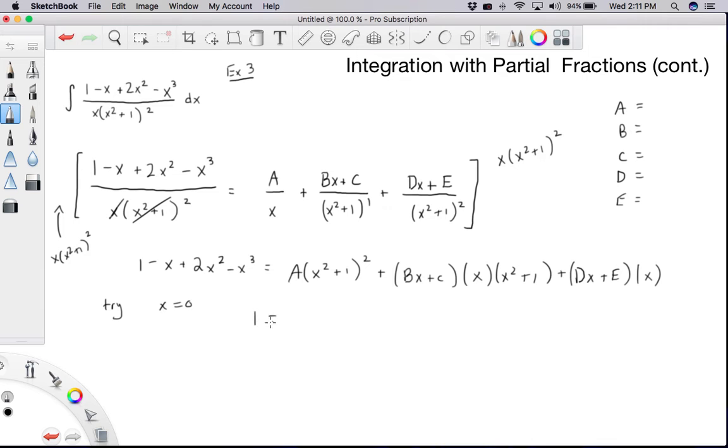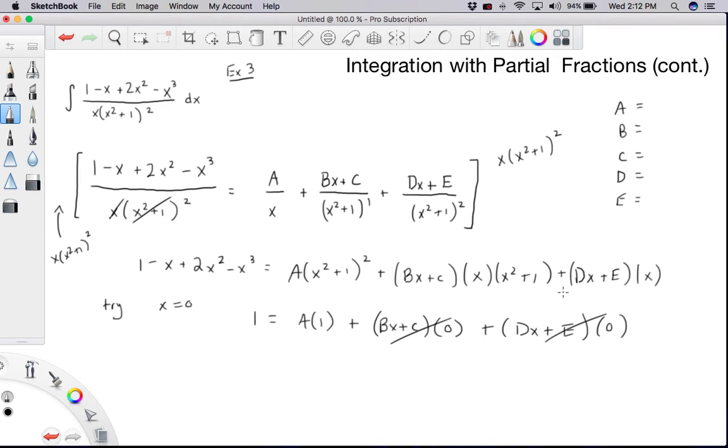Okay, so we're going to get 1 is equal to a times 1 plus bx plus c times 0 plus dx plus e times 0. Okay, so these terms are gone, right?